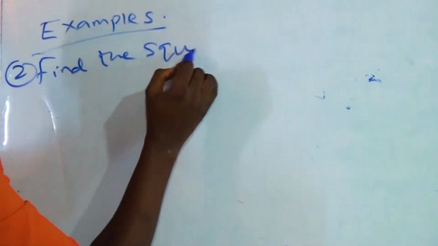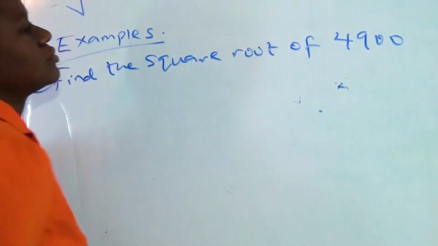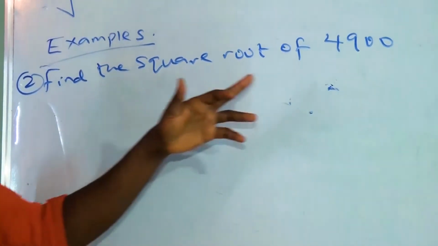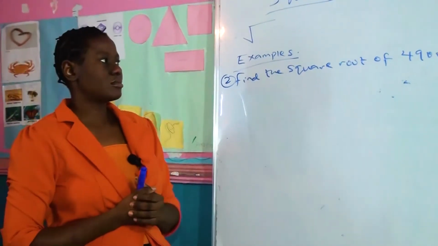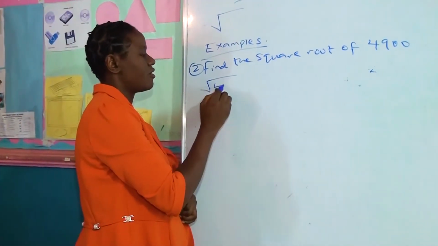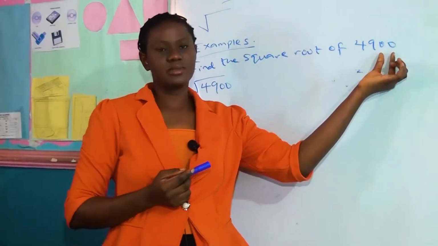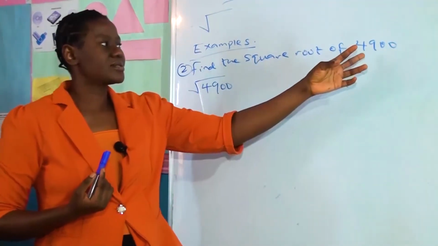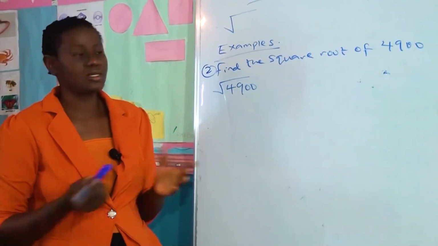We want to find the square root of 4,900. We could use a simpler method here. Because of these two zeros, 4,900 is the same thing as 49 times 100.